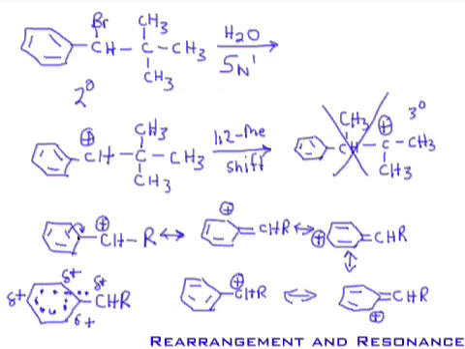Aromatic means especially stable. Turns out this pi cloud of electrons repels the nucleophile because it's mainly negative charges. And to put the nucleophile on that aromatic ring would disrupt your aromaticity. You'd lose that stability, and that's a huge energy cost.